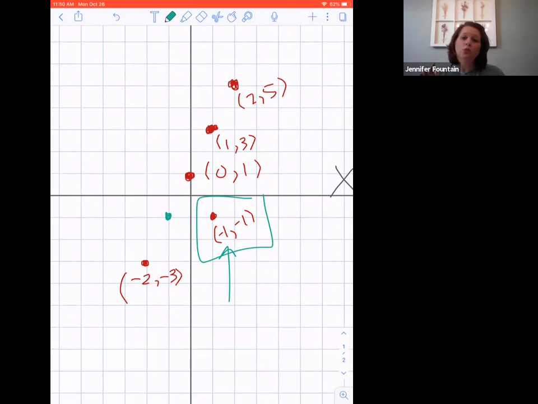So the first thing you're going to want to do is, number 1, look at your ordered pairs and see if you graphed them properly. If you didn't plot them properly, that might be the mistake. If you did, then you need to look back at your chart and recalculate each of your values. Go through and make sure that when you substituted the value for x and solved for y, you did your calculations properly. Okay, so those are some things that will help you know whether you did it correctly or not.